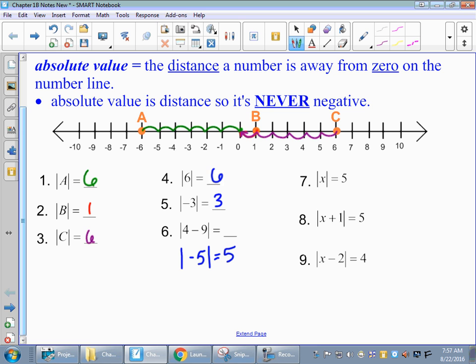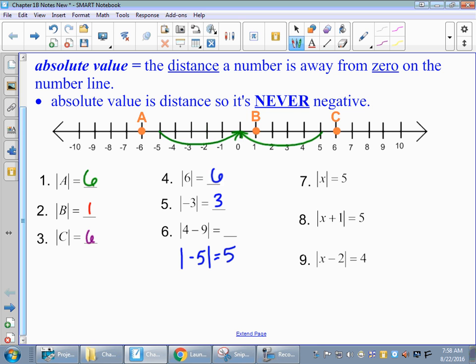So in number 7, it's asking what number or numbers have an absolute value of 5. They're giving us the absolute value. We've got to figure out what applies to that. So if I look at the number line, I can see that 5 is 5 units away from 0, but so is negative 5.